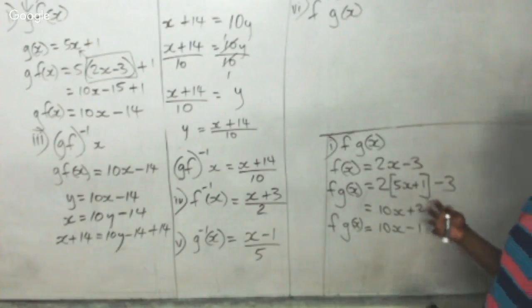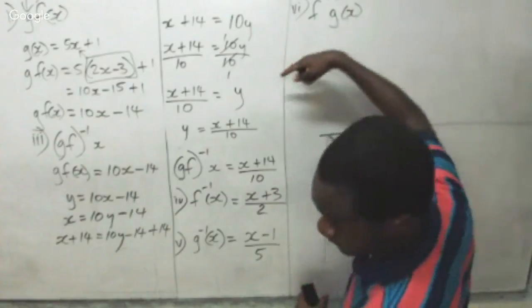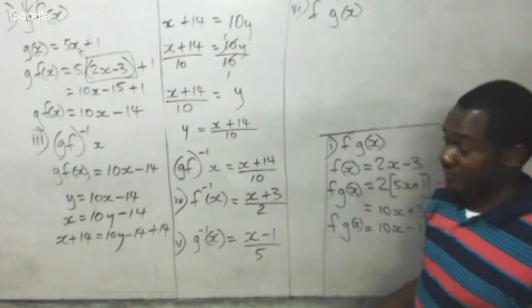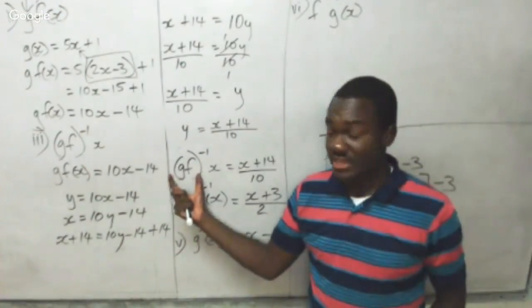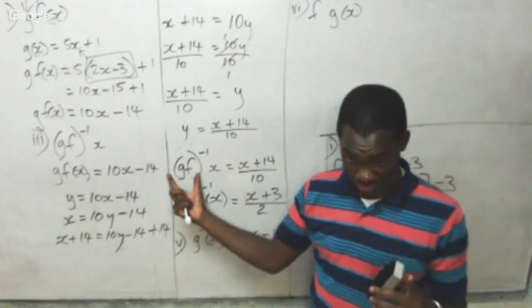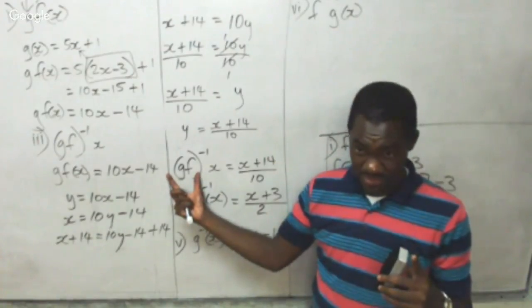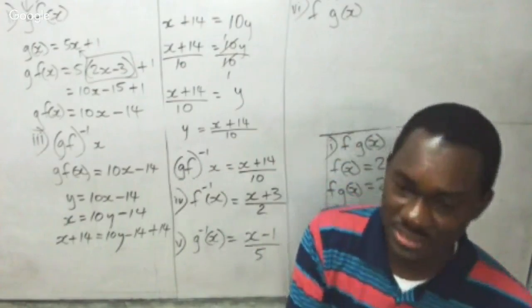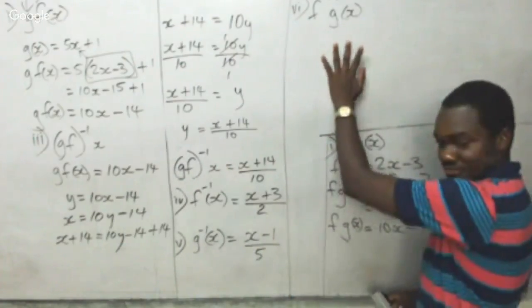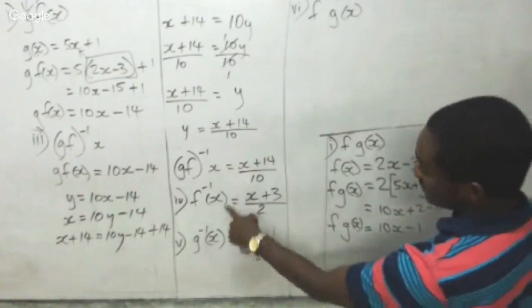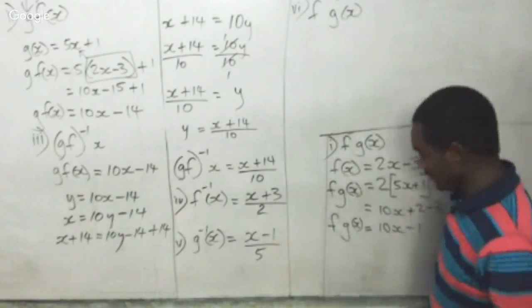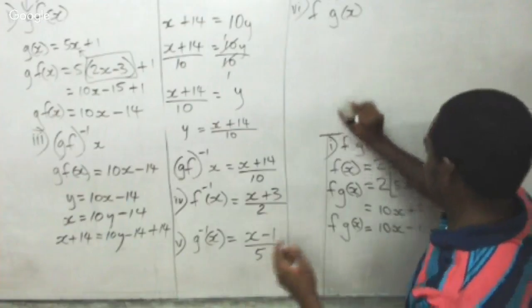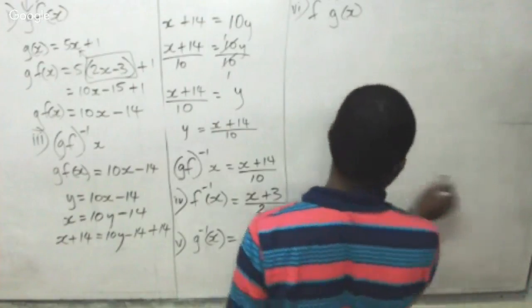Then take G inverse and put it into F inverse. No, please notice this is different. This is GF, so you have to find GF first, then find the inverse. But later on, I'm going to share a secret. For now, we're going to use these two to work this. Very good.